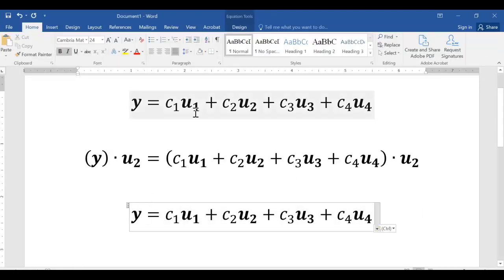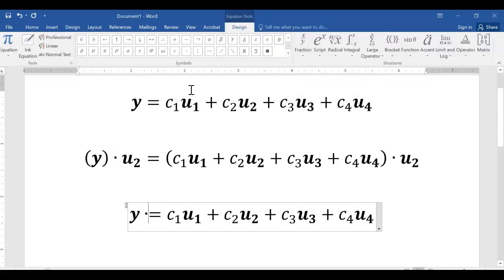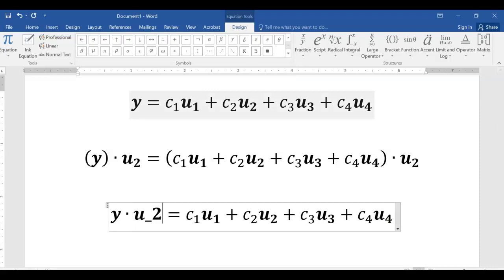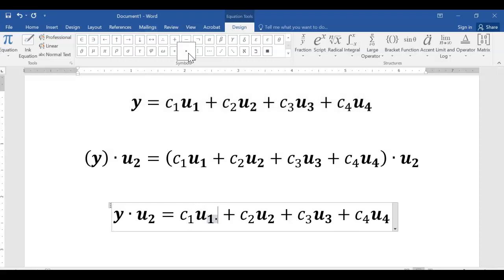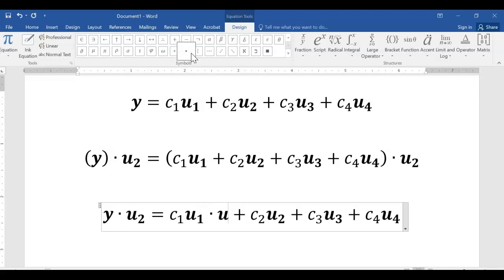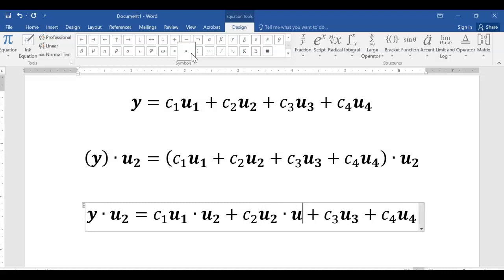So Y inner product U2 is equal to C1 times U1 inner product with U2, plus C2 times U2 inner product with U2, and so on.